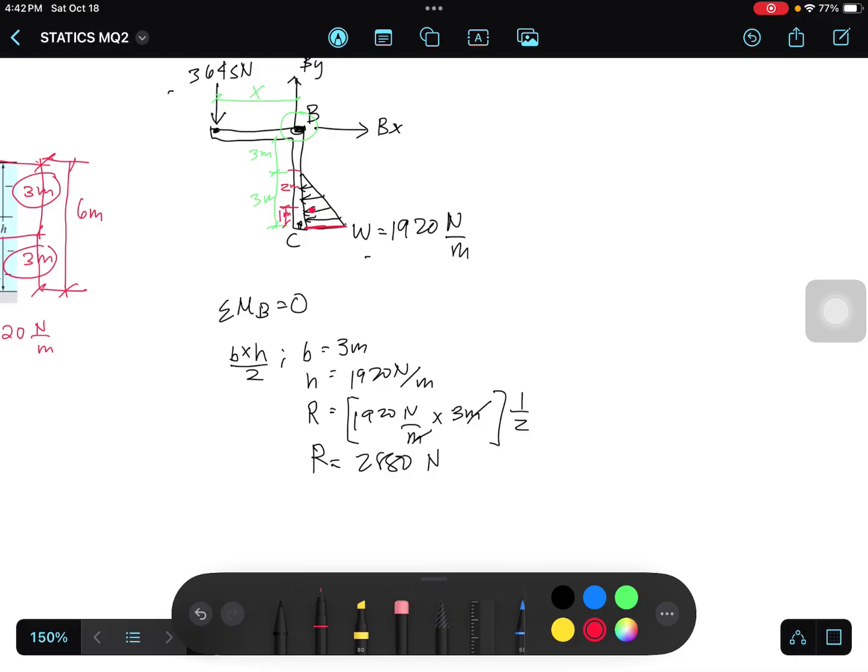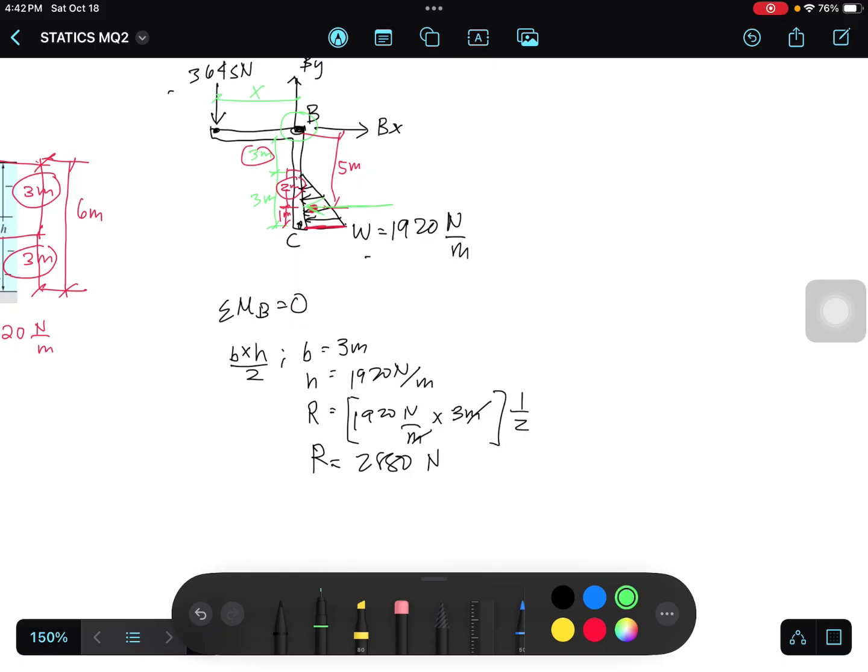Okay? So, what is the distance na natin from this centroid point ng triangular load to point B? So, it is a total of 2 meters plus 3 meters. So, that's 5 meters. Yun ang ating moment arm ng R or resultant ng triangular force natin. So, let's draw na ang R natin.